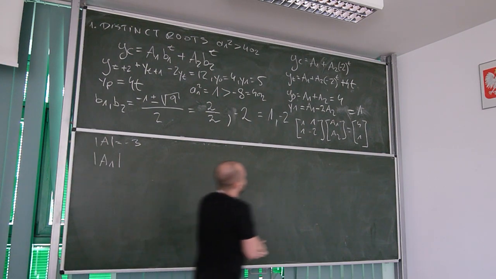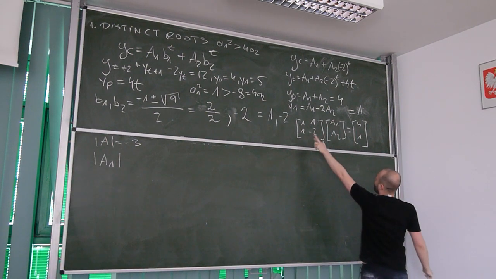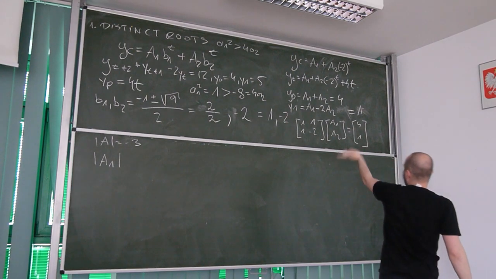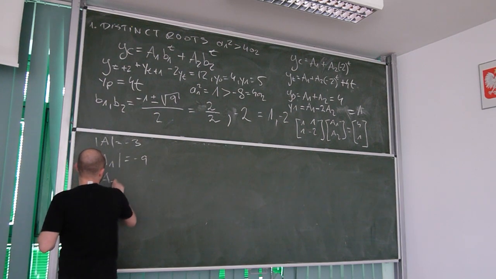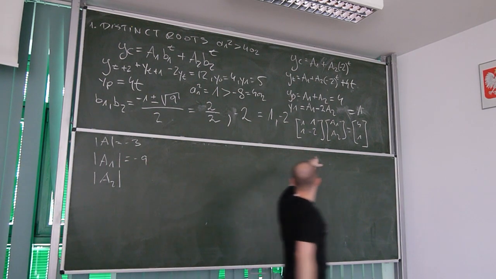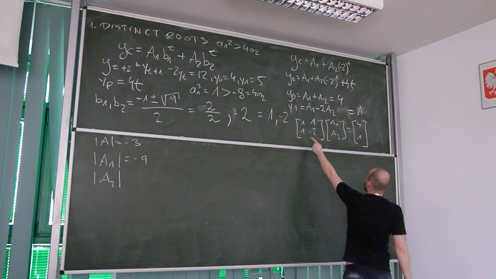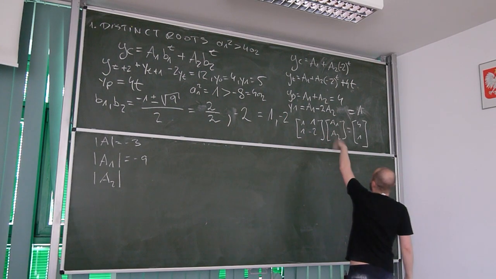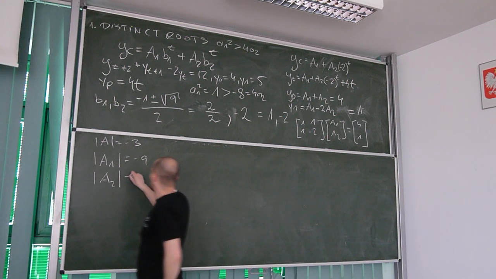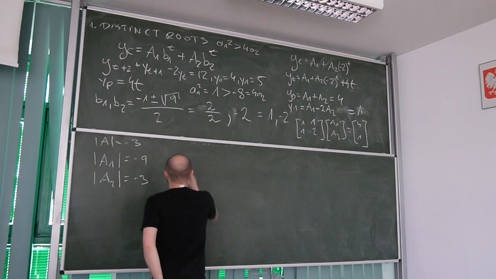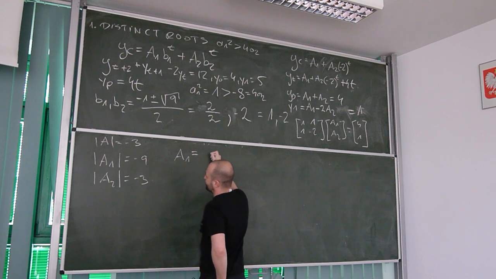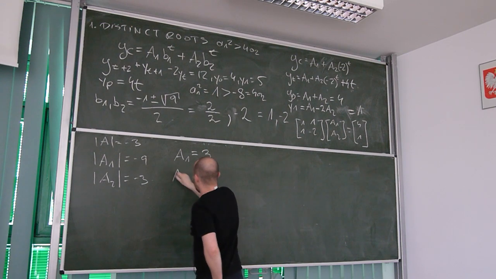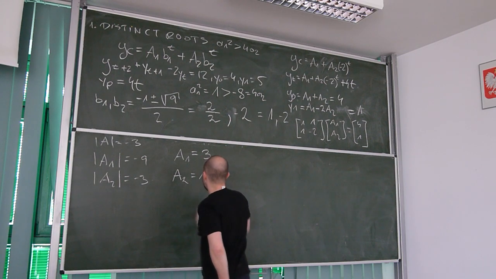A1, if I take 4 and 1 over here, we got that this is negative 8 minus 1. It's negative 9. A2, if I put 4 and 1 over here, this is 1 minus 4. It's negative 3. So we get that a1 is equal to 3 and a2 is equal to 1.